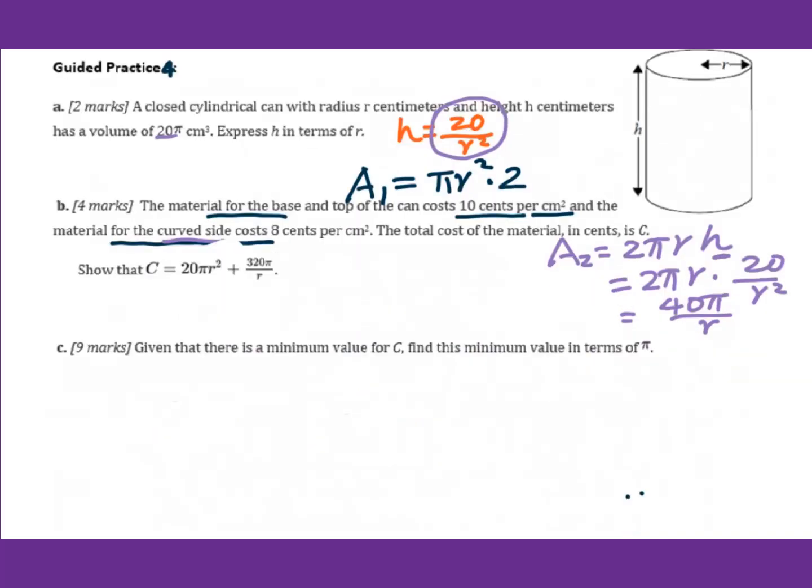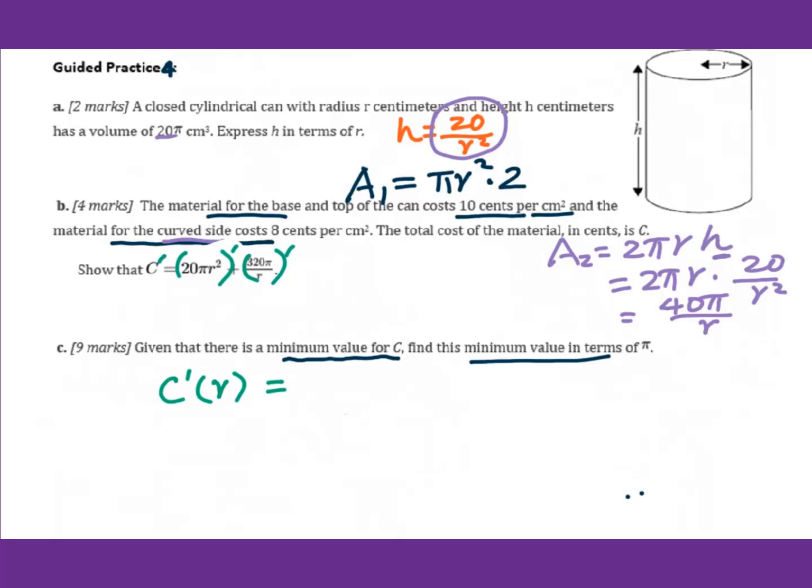Now let's go to C. Given that there is a minimum value for C, find this minimum value in terms of pi. First of all, you will get C prime of r. Do the derivative.